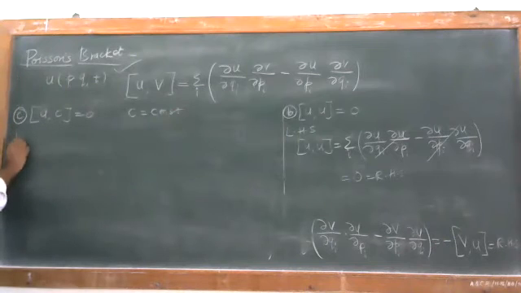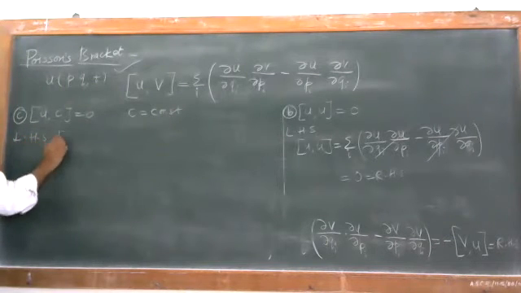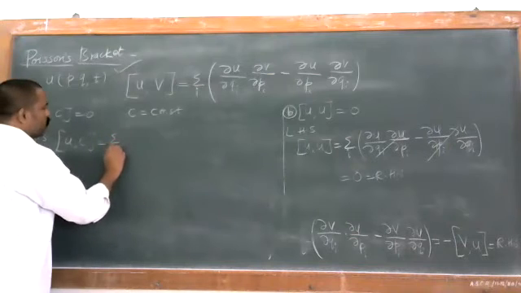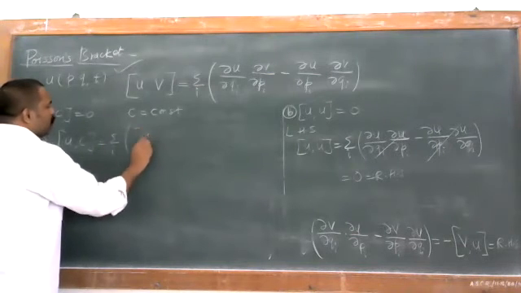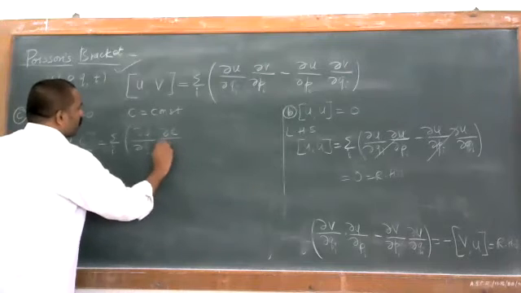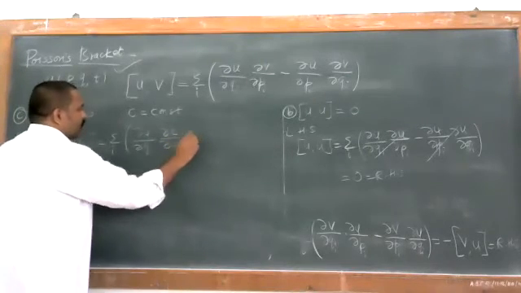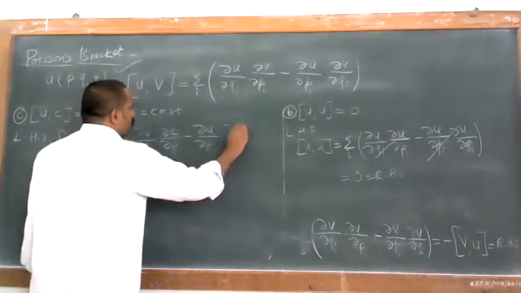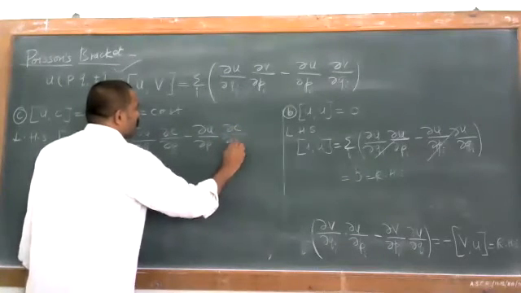So what is the Poisson bracket? On the LHS, the Poisson bracket of U, C is equal to the summation over i of ∂U/∂Qi into ∂C/∂Pi minus ∂U/∂Pi into ∂C/∂Qi.